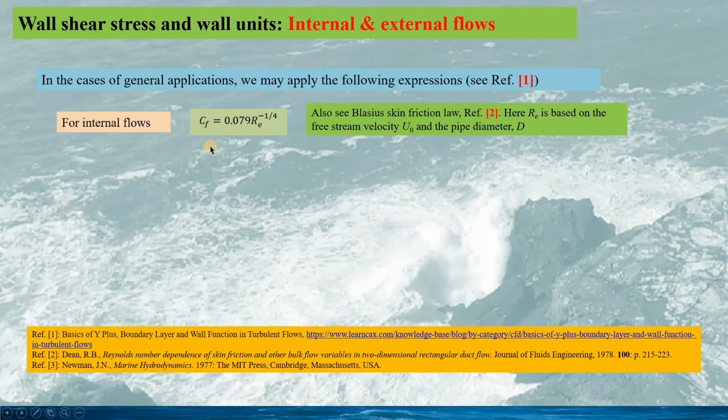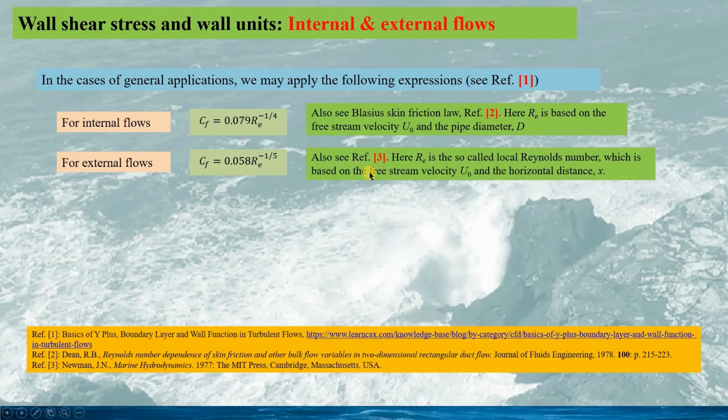Here, the Reynolds number is based on the free stream velocity U0 and the pipe diameter D. And for general external flow, the friction coefficient can be calculated using this formula. And here, the Reynolds number is called the local Reynolds number, which is based on the free stream velocity U0 and the horizontal distance x. So once we have the friction coefficient Cf, then we can calculate the wall shear stress given by this.